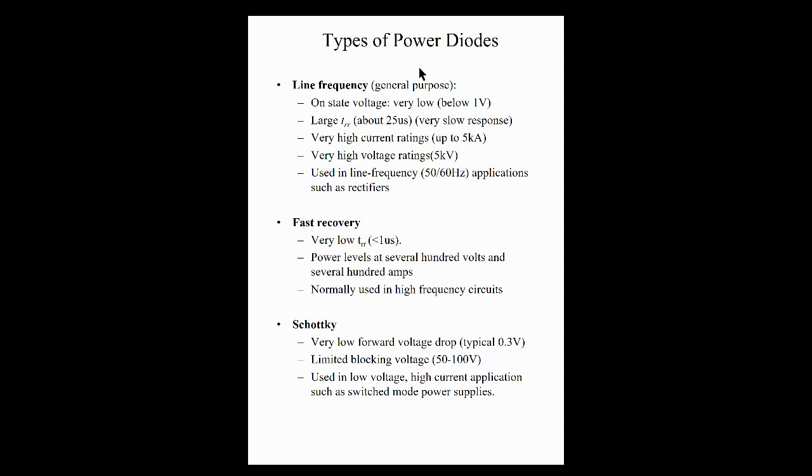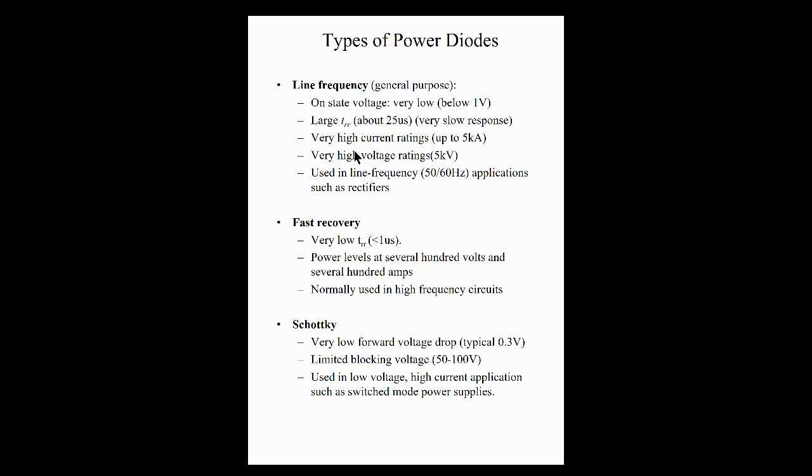The line frequency diode, right? This type is a general purpose type diode. It has a large reverse recovery time, typically about 25 microseconds. And this is considered to be a slow response time.